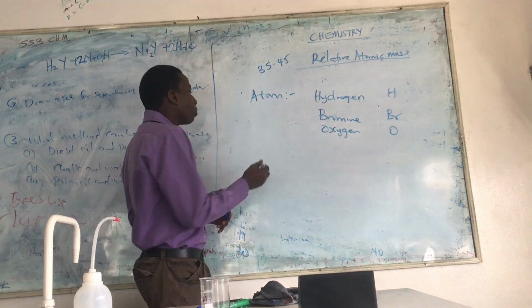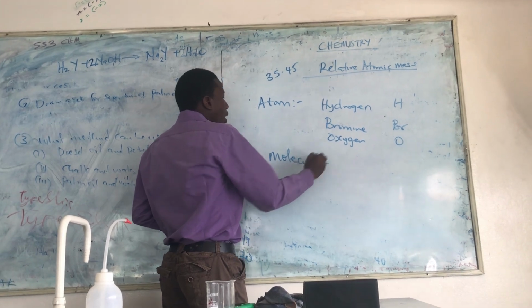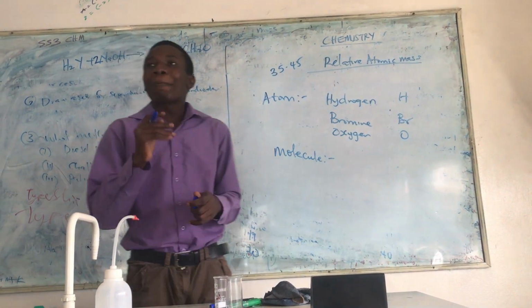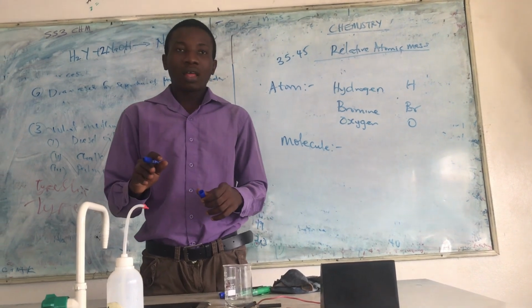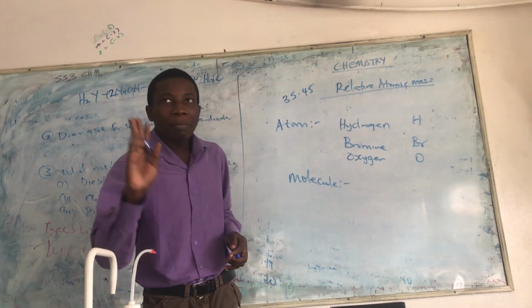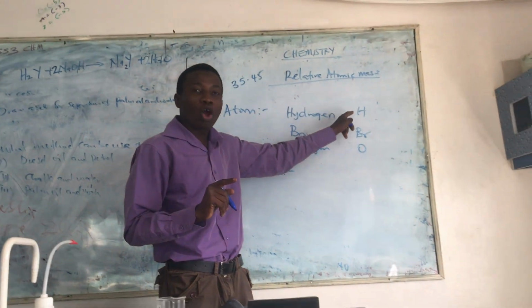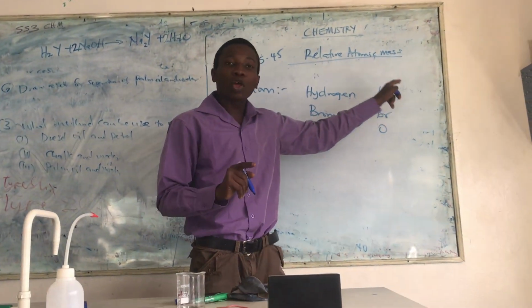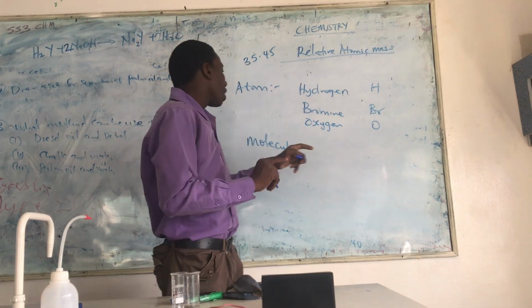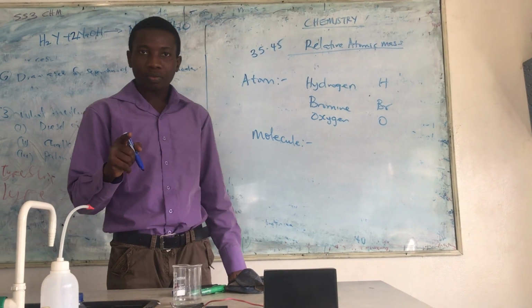I also have what we call the molecule. A molecule is the smallest particle of a substance that can exist alone. That means we can conclude that an atom cannot stand alone. But when an atom is in the form of a molecule, then it can exist alone.